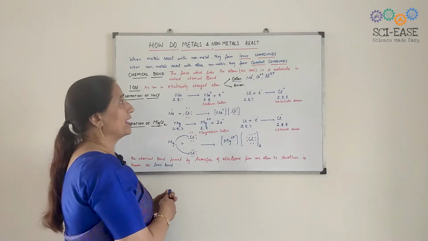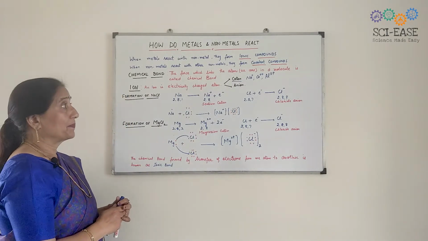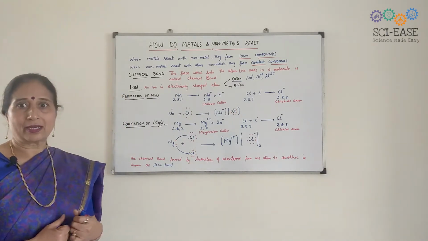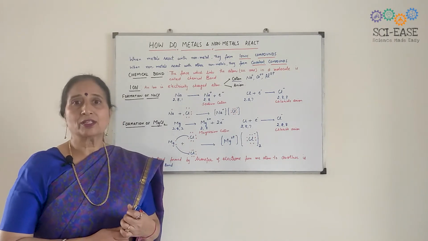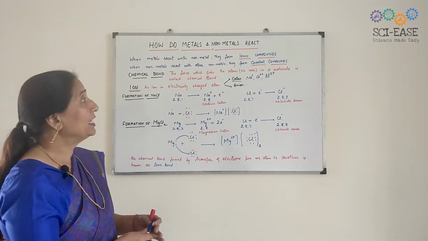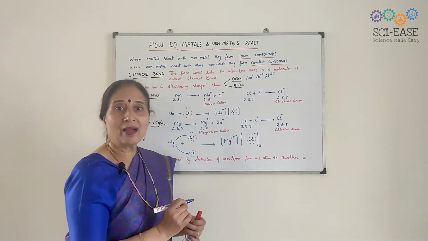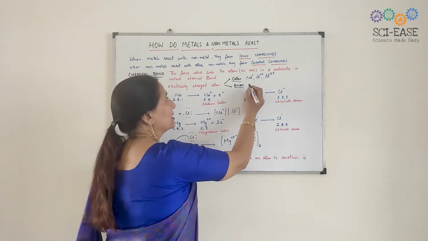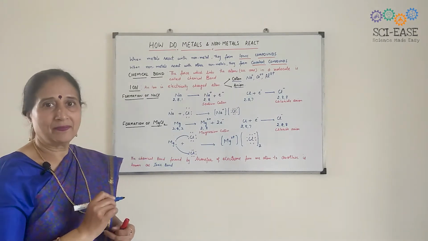In the same way, when an atom gains electrons, it results in the formation of an anion, that is, negatively charged ions. They are known as anions. Like Cl, it has atomic number 17.